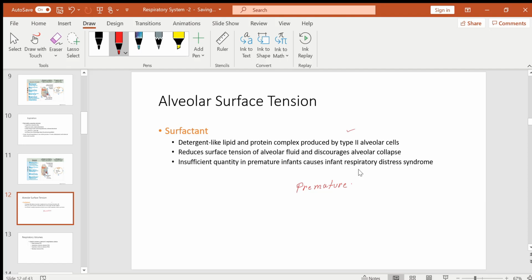So genetic, that is difficult to fix because the infant will not get the surfactant secreting cells. But if the lack of surfactant secreting cells is due to premature birth, in that case, if you take care of that infant, then the cells will get matured and start to secrete surfactant.